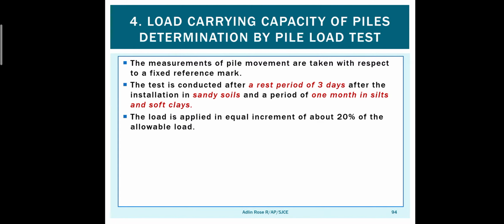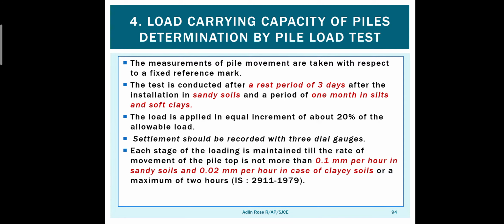Okay, for sandy soil we take the readings for 3 days, and for clay soil we take the readings of the test for 1 month, and it is a little costly test also. We increase the load by 20 percent of the allowable load. Settlement is noted in the dial gauges.